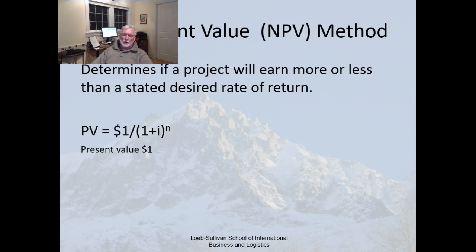So if it was a 3-year project, we'd be looking at 1 plus 5%, let's say that was our targeted return, cubed.